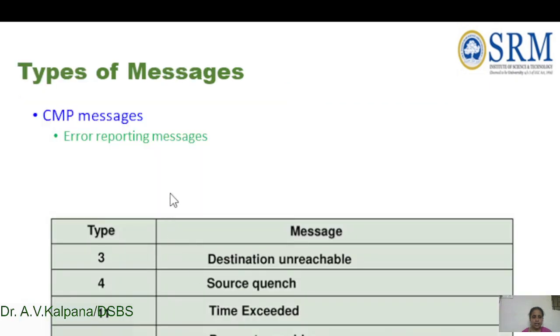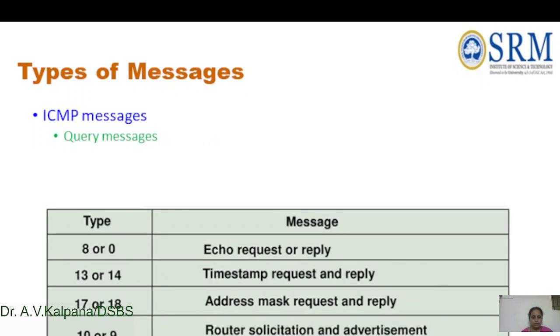Type 3 is for destination unreachable, type 4 for source quench, type 5 for redirection, type 11 for time exceeded, and type 12 for parameter problem. The query messages are the second category, where you have type 8 or 0 as echo request or reply, and 13 or 14 for timestamp request and reply.